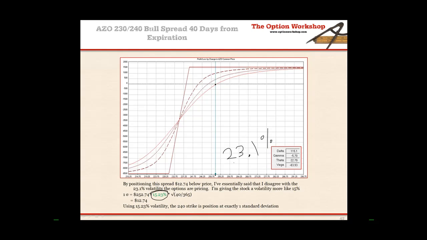So with implied volatility at 23.1, we said that's fine, that's implied by the options. But what we're saying is, where I see volatility going in the near future is down to about 15%. So I'm going to use that in my standard deviation calculation to put in my spread.